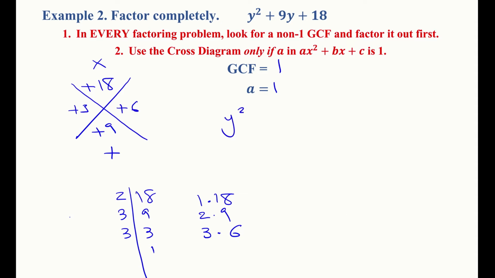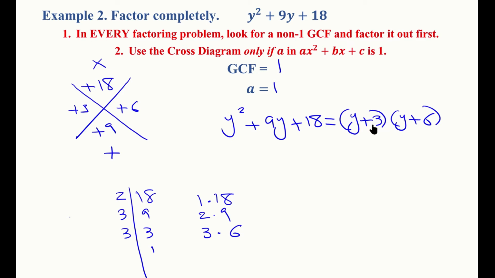So we're going to factor y squared plus 9y plus 18 as y plus 3 times y plus 6. The very least amount of checking you should do is what we call the FOIL check. So you always want to make sure, even if you do this just in your head, you should always do it. You want to make sure that the first term times the first term gives you the first term.